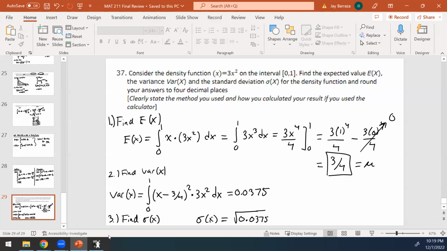You could square sigma of x for the variance, but not E of x. So that's going to be equal to 0.1936. You can't square E of x because E of x is not the square root of the variance. That's sigma of x, so sigma of x is the one you could square. Does that make sense?